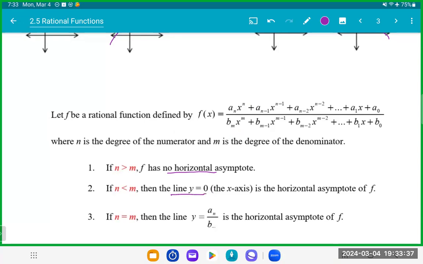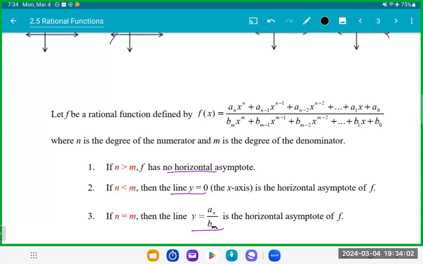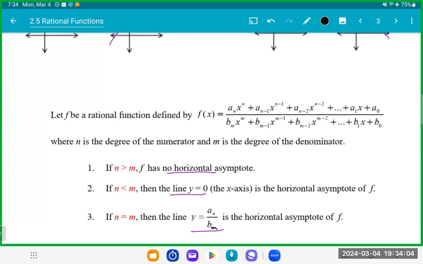Okay. And if our exponents in the numerator and denominator are equal, then the line, this should be b sub m. Then whatever our constants are right here is what is going to be the line of the asymptote. Okay. So we'll look at some examples of those.